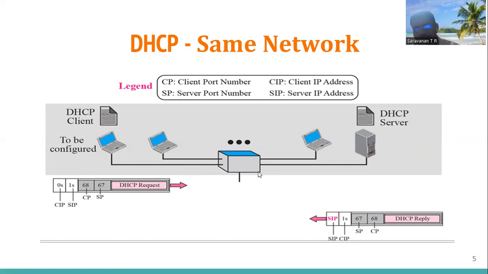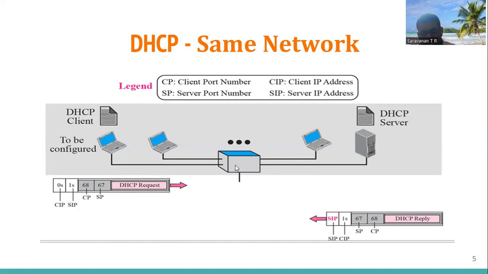First, what happens? A command will be provided by the server on UDP port number 67, and the server waits for the client to respond. The server gets a response from the booted client on port number 68.